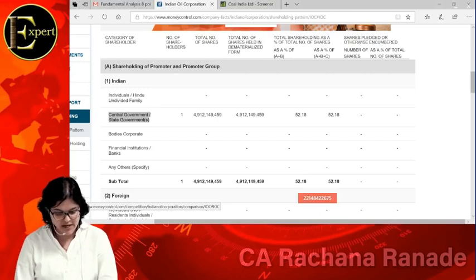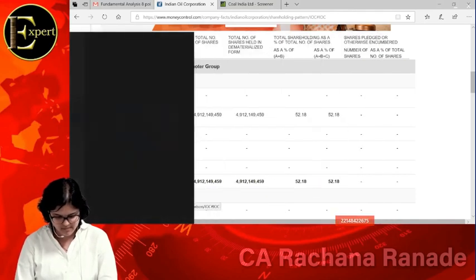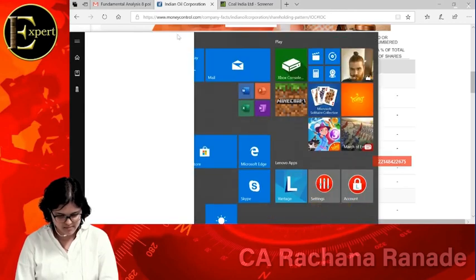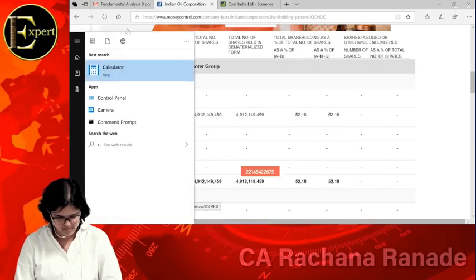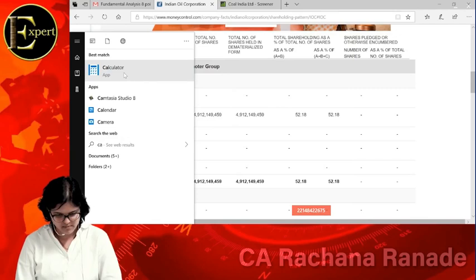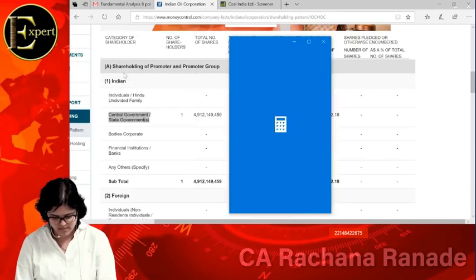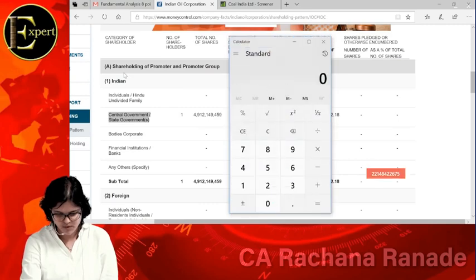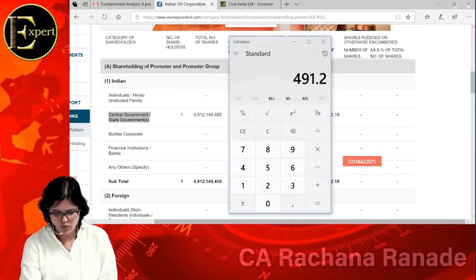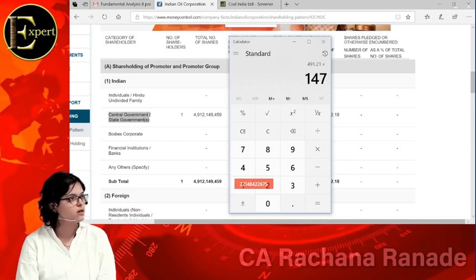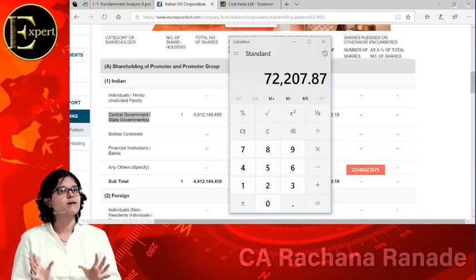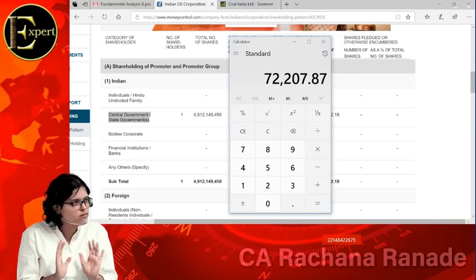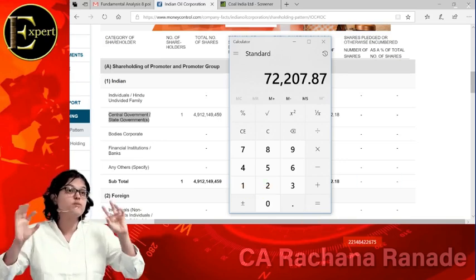So if government is in need of money, 491.21 multiplied by 147 per share, right? If the government wants, in one shot they can raise 72,207 crores by selling their shares. They will not do it. I'm just telling you as an example. If they want, they can raise so much money.